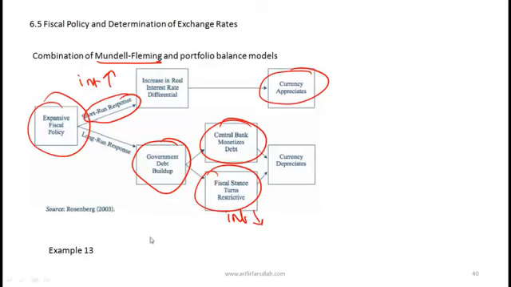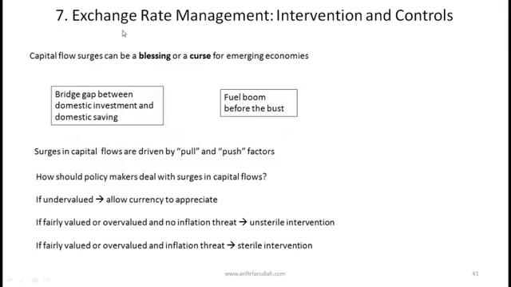So these are the core points. Now what you need to do is example 13, which essentially tests you on the points that we just talked about. Section 7, exchange rate management, intervention and controls. To make this segment more interesting, imagine that you are the head of the central bank of an emerging market country.